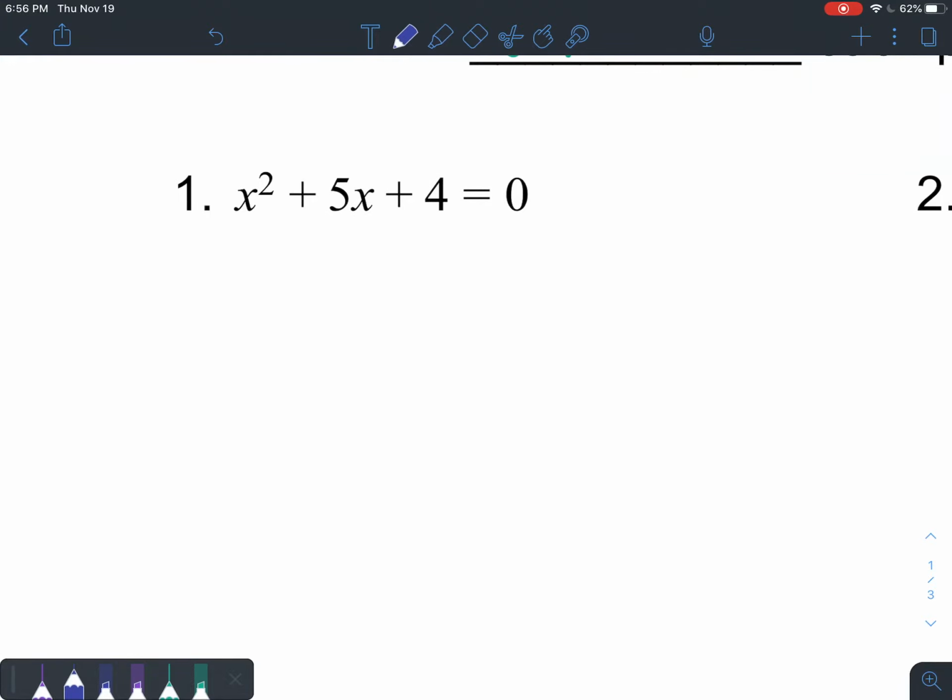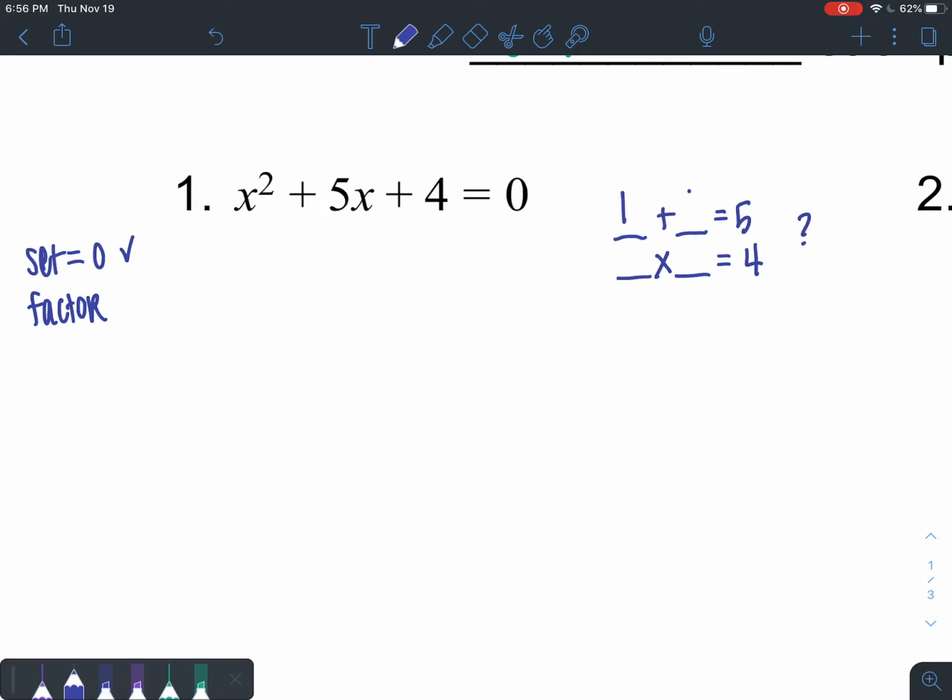So here we go. My whole thing is already set equal to 0. Check. All right, then I want to factor. So I need two numbers that add to be 5 and multiply to be 4.